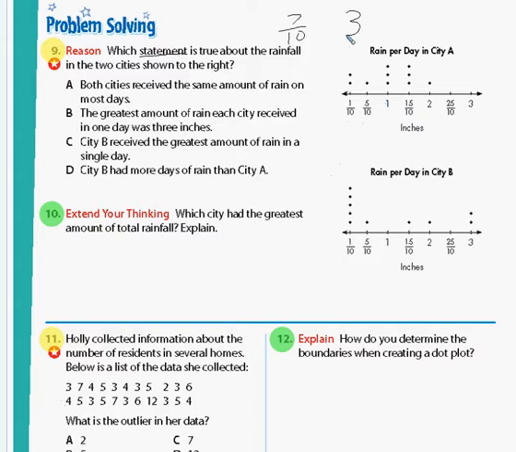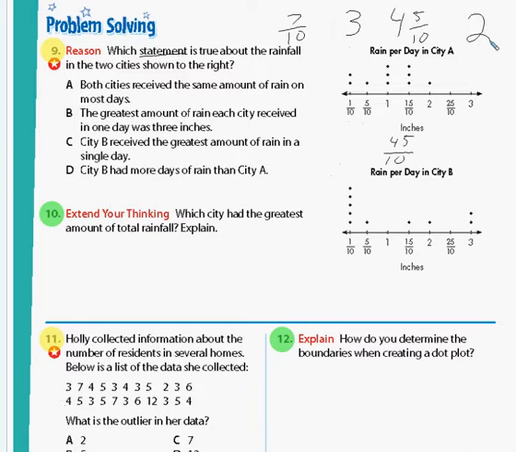On 3 days it rained 15 tenths of an inch. 15 tenths times 3: 15 plus 15 plus 15 is 45 tenths, or the same thing as 4 and 5 tenths. Okay, and then I had 1 day where it rained 2 inches.